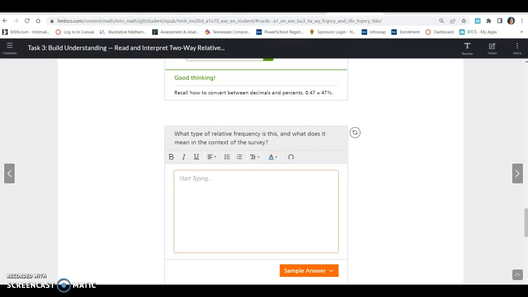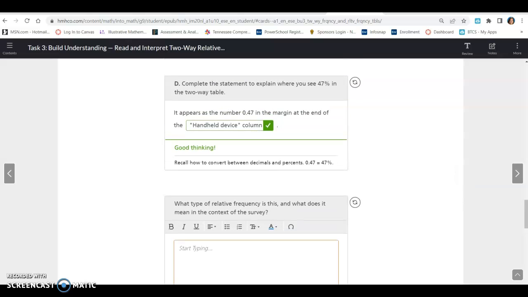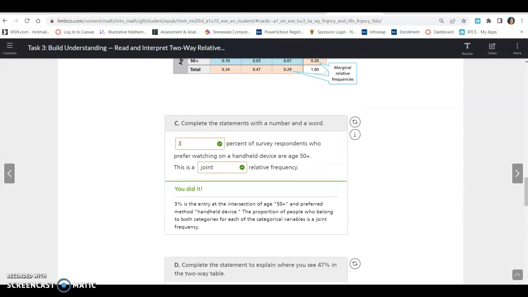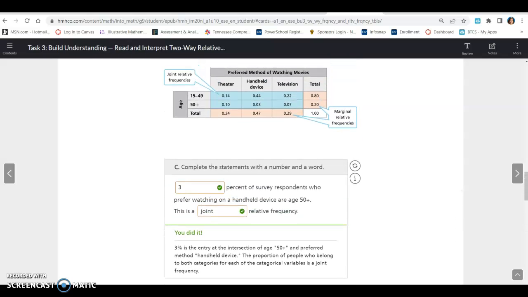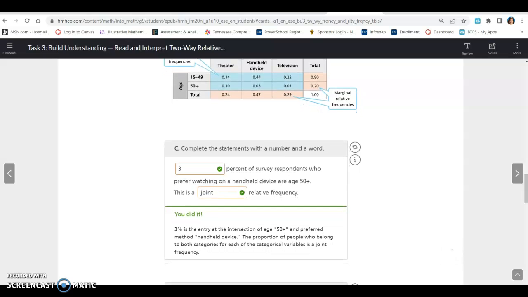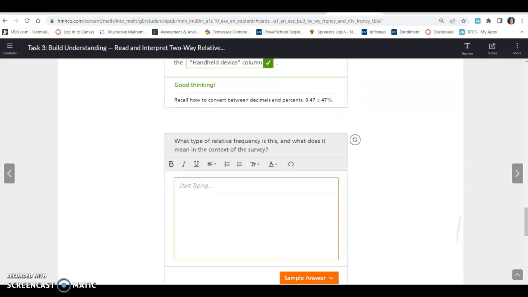What type of relative frequency is this, and what does it mean in the context of the survey? The 0.47 would be considered a marginal relative frequency, and it would represent the total percent of people that preferred watching on a handheld device.